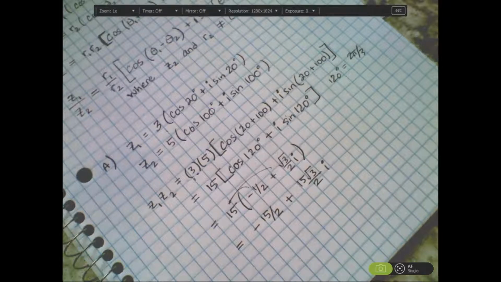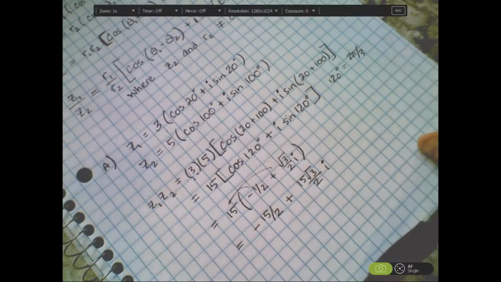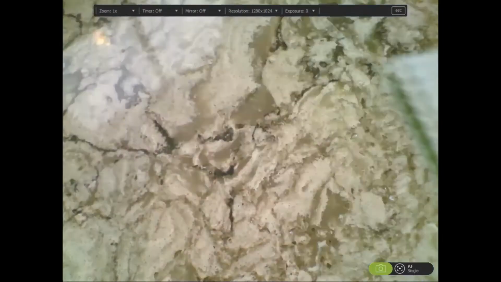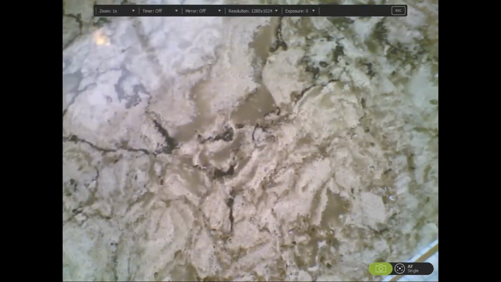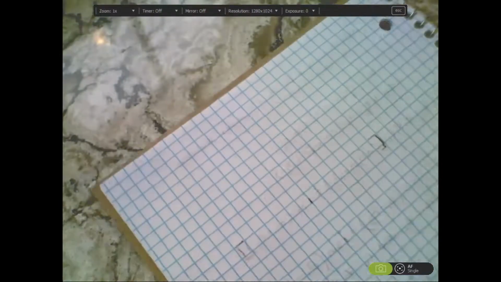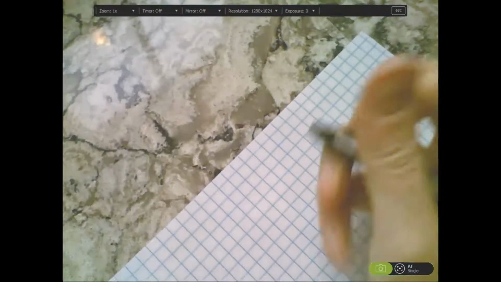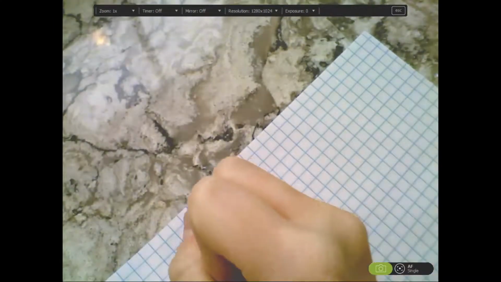Okay, so we're going to use those same two numbers and we're going to do the division for those. So turn the page. Okay, so I'm going to recopy my numbers up here.